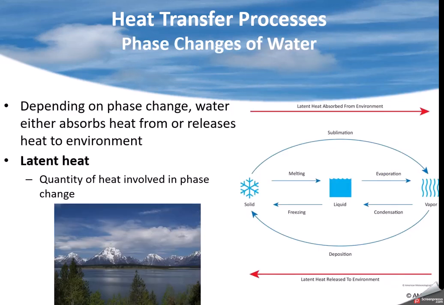Here we go. Latent heat. Latent heat is more difficult. All right. Think about it. If I am going to take a liquid and make it into a vapor, when you see the steam coming off when you're boiling water, you had to add heat to that water to get that steam, right?